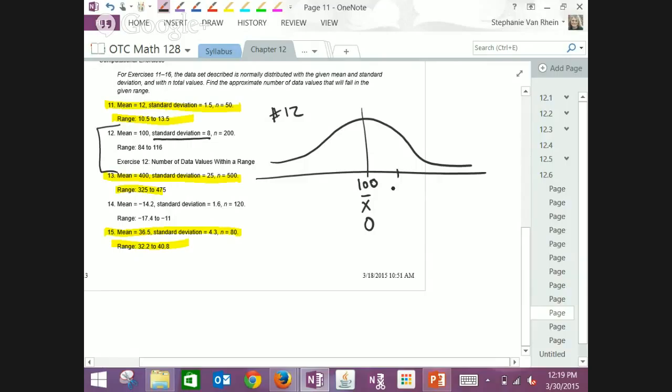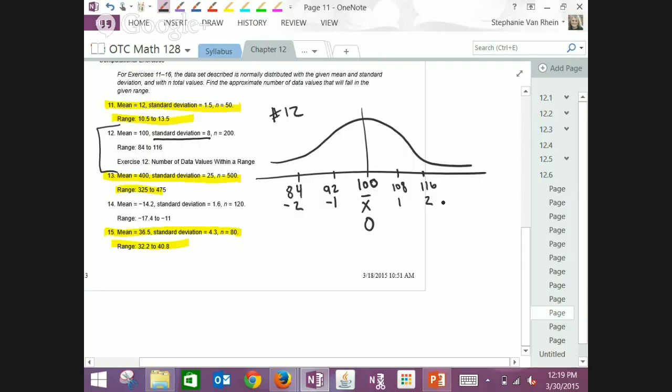And if I add 8 again, I go to 116. If I subtract 8, I would go to 92. And if I subtract 8 again, I go to 84. So this would be a z-score of -1, -2, a z-score of 1, and a z-score of 2.